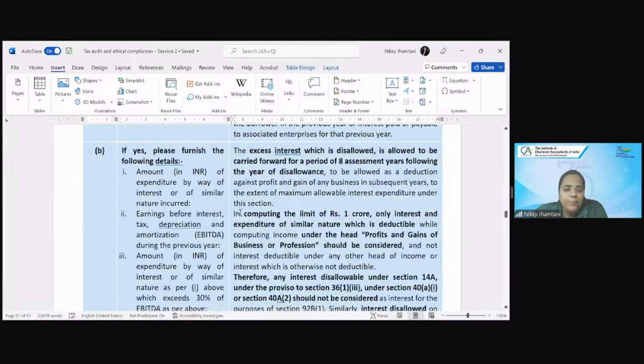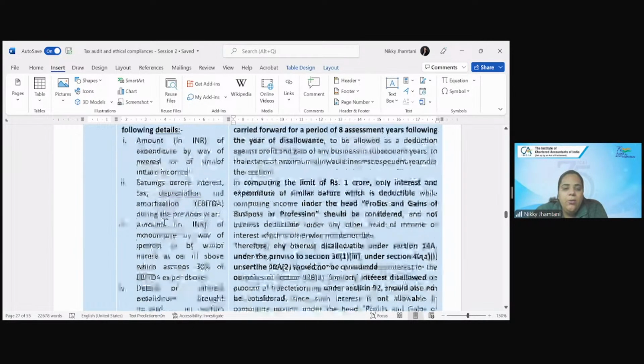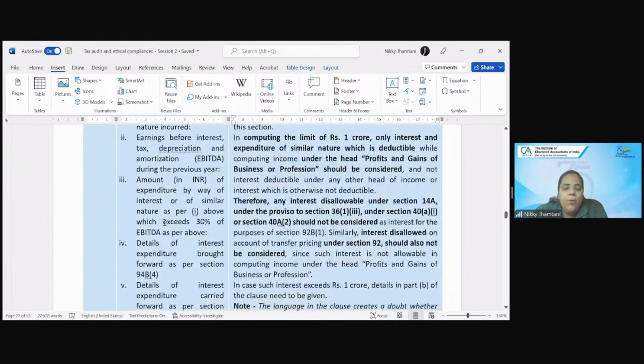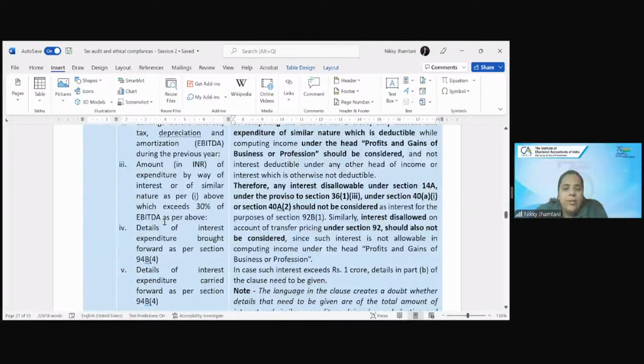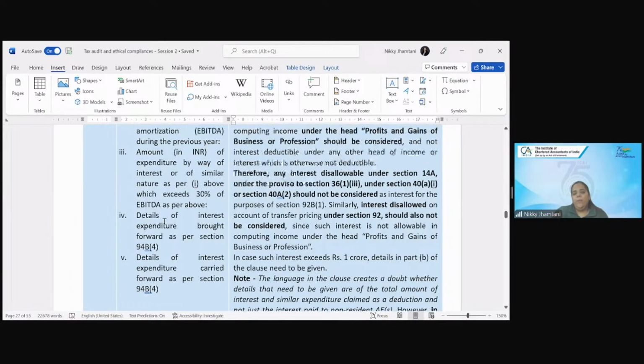What are the details? Amount in INR of expenditure by way of interest or of similar nature incurred. EBITDA. Amount in INR of expenditure by way of interest or of similar nature as per one above which exceeds 30% of the EBITDA. Details of interest expenditure brought forward as per 94B4. Details of interest expenditure carried forward as per 94B4.